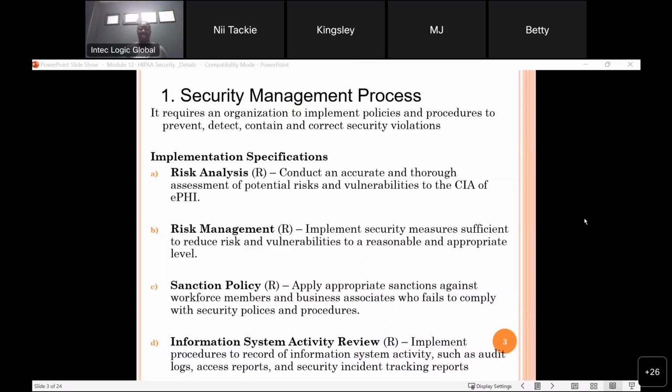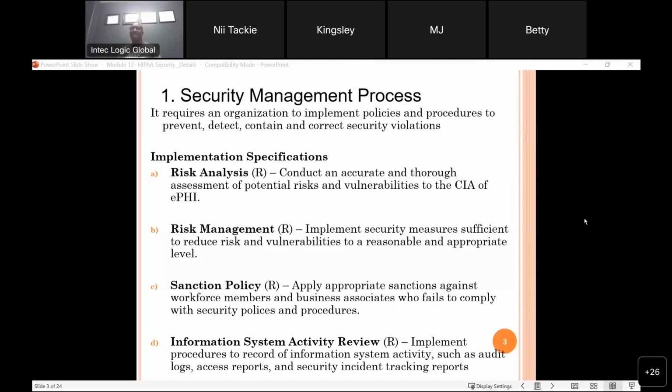Good. Sanction policy, right? As the name sounds, apply appropriate sanctions against workforce members and business associates who fail to comply with security policies and procedures. If somebody goes against policy and procedure, Kingsley talked about going to watch a patient that has not been assigned to you, right?